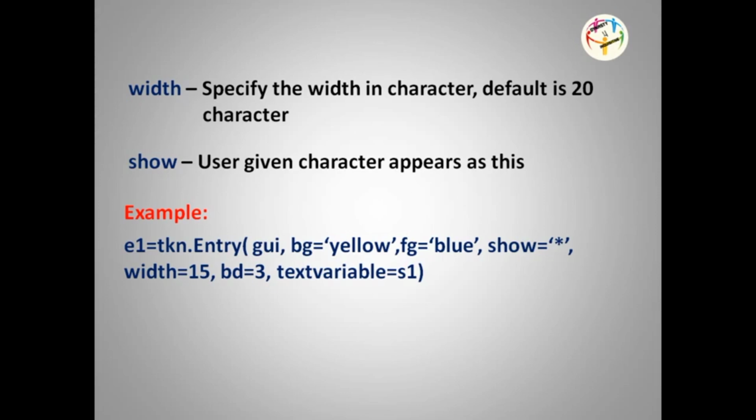And show equal to asterisk, means all the characters will be shown in asterisk format. Width equal to 15 characters, and border is 3, and text variable we are specifying s1. So it means if we write s1.get, means we can retrieve the value from the entry widget. Similarly, if we write s1.set, means we can set any value for the entry widget.